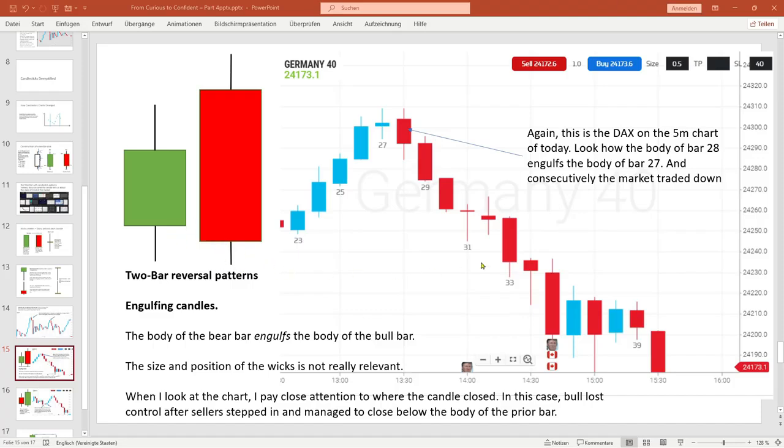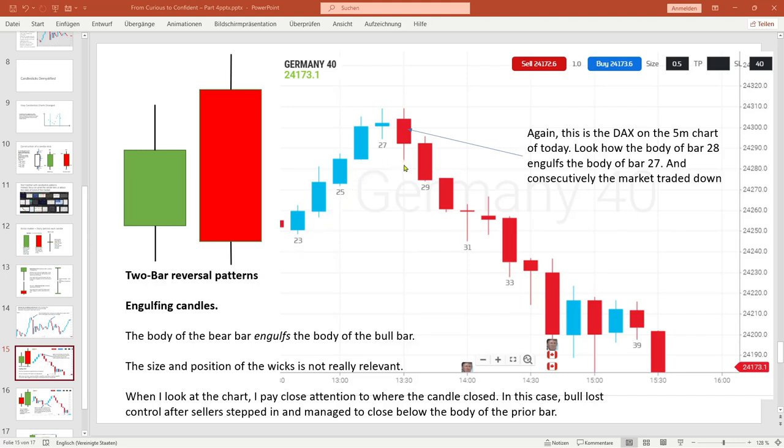Again, that's the same 5-minute chart at 3 o'clock. I didn't need to look far left for that. Here's a perfect example. Here, bar 28. I told you my bars have numbers, or my candles.